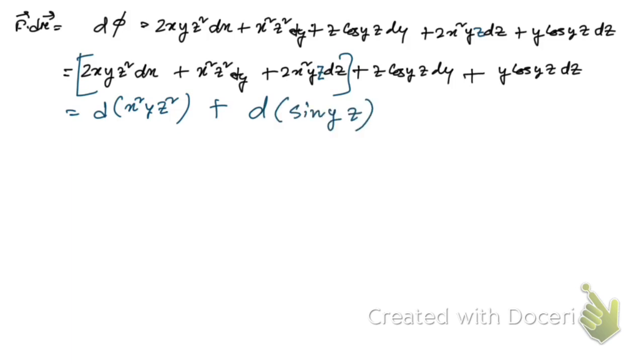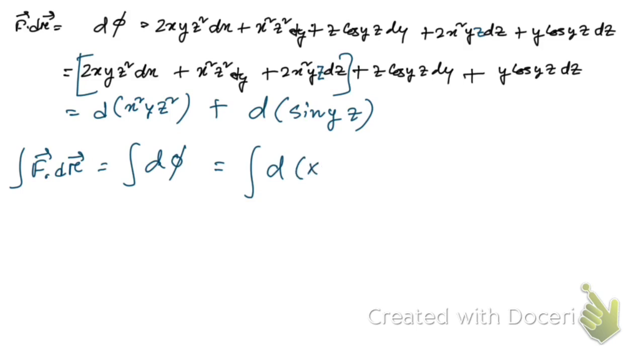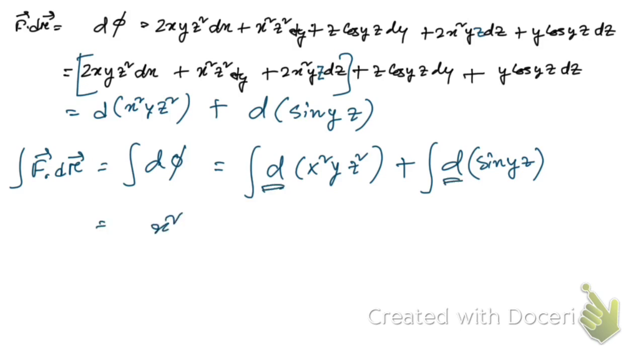We need to find the line integral of f dot dr, which is equal to the integration of d phi, which is equal to the integration of d of x square y z square plus the integration of d sine yz, right? If you integrate this, the 2 will be removed on integration, right?